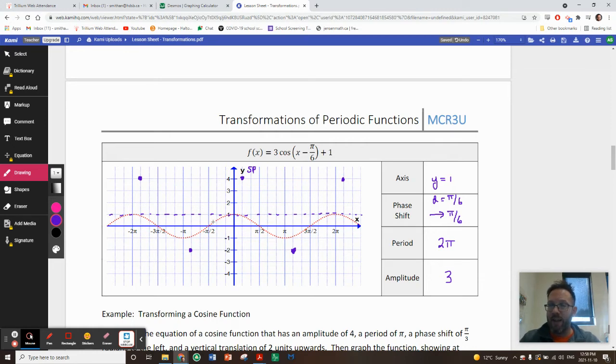Where are we going to hit the axis? We're going to hit the axis halfway between a max and a min, which would be, in this case, every 3 squares. So here, here. Can I fit another one on? Not quite, but it would be here, here, here, and here. And we got a lot of nice detail for this graph.